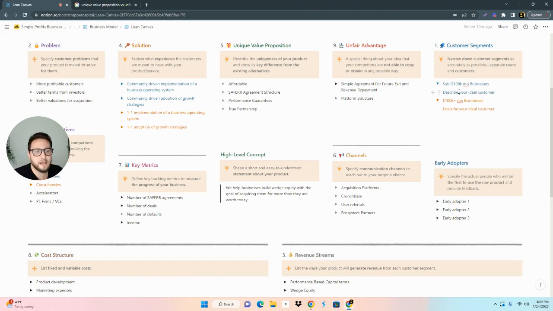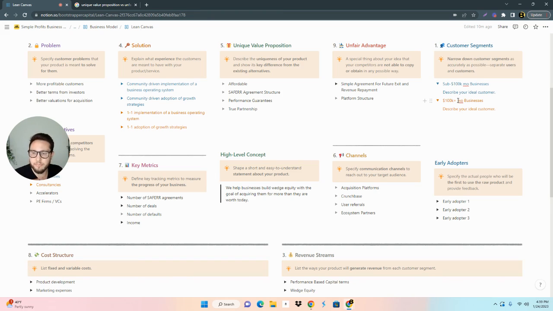So take a second and think about your own customer segments. Again, cheat code here. Look through these other categories that we're going to be working through on the canvas, and use that to spark and ignite some creative juices flowing, and then try to get as specific as possible. This is pretty specific for us. I could go deeper, right?